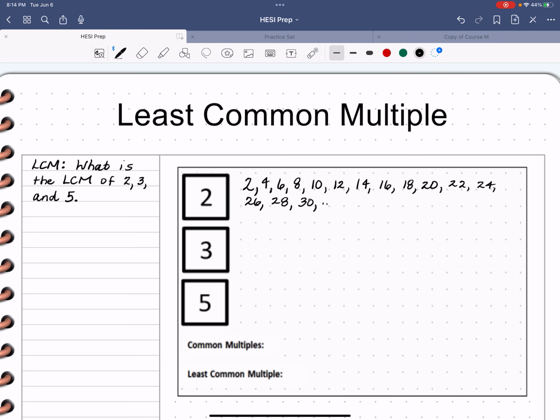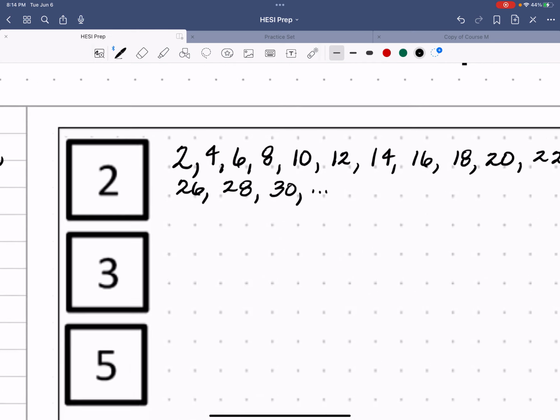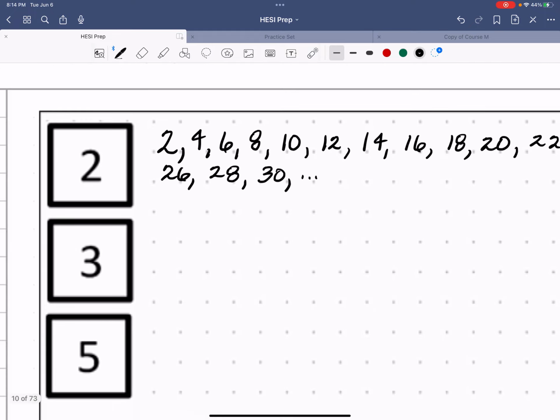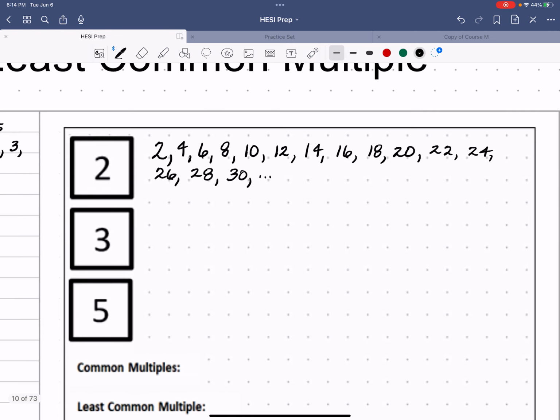And I'm going to stop. I'm going to use an ellipsis there to show that it's not ending. It would go to infinity. But this is just the range that we want to see. So these are the first 15 consecutive multiples of 2.